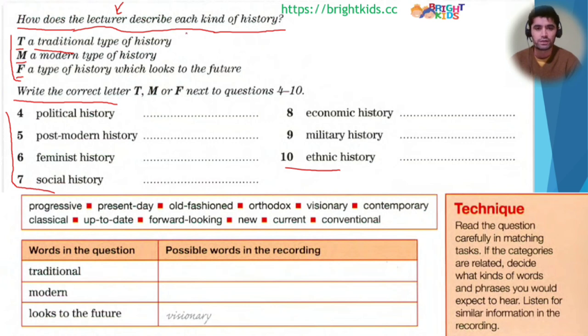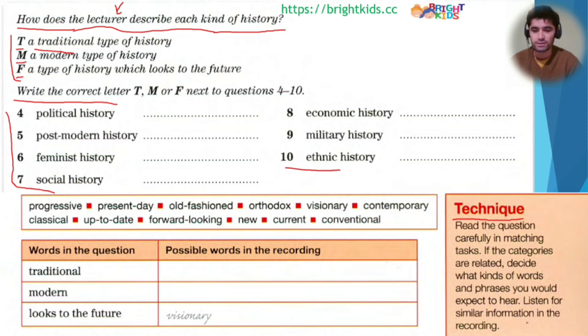Right, before we listen to the lecturer, let's take a look at our technique. This technique is about matching questions. It says, read the question carefully in matching tasks. If the categories are related, decide what kind of words and phrases you would expect to hear.